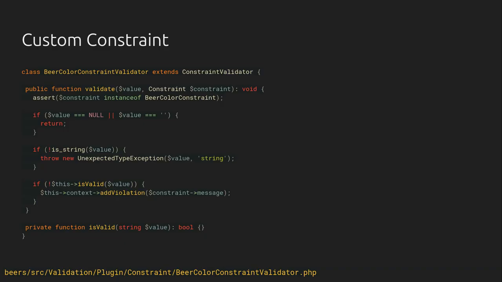So you just need to have it in the same namespace, in the same directory with this validator part on top of it. And in this case, I haven't implemented the isValid property here, but there you would do some kind of API call to see what beer colors exist, I guess. Whatever, you write your business logic there. But this is like adding your own custom constraints on top of this.